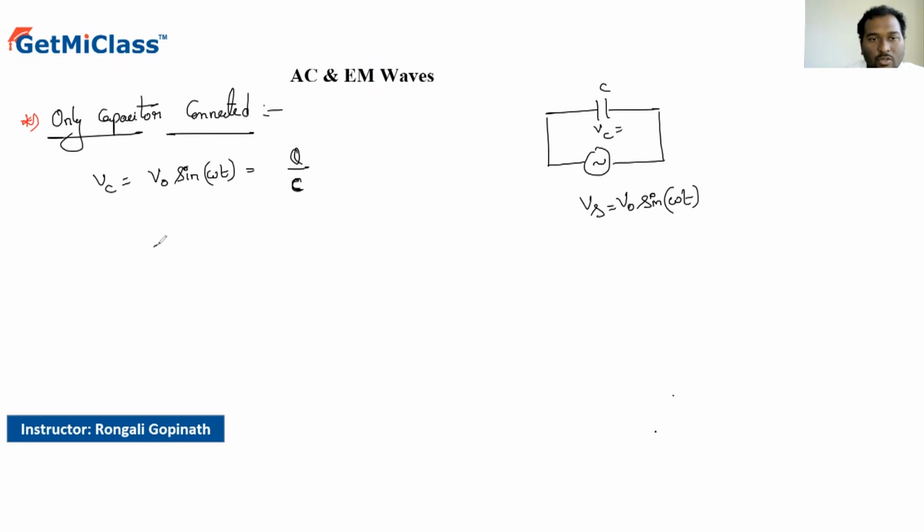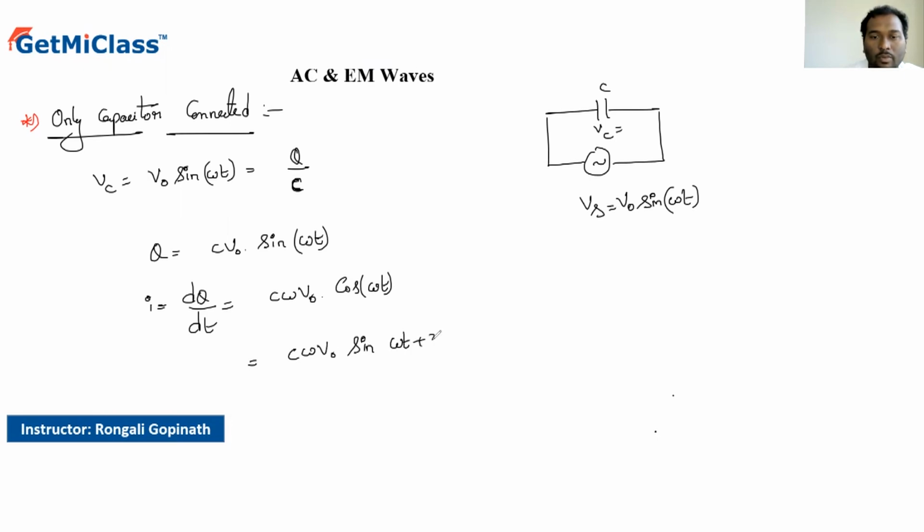the capacitance. So Q is C V naught into sine of omega t. How do we get current? Current is nothing but dq by dt. Taking the derivative, it is C omega V naught into the derivative of sine, which is cos omega t, which can be written as C omega V naught into sine of omega t plus 90 degrees.